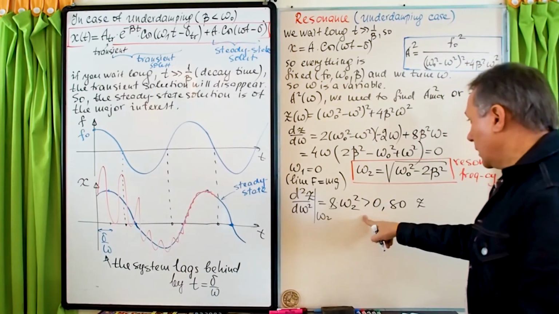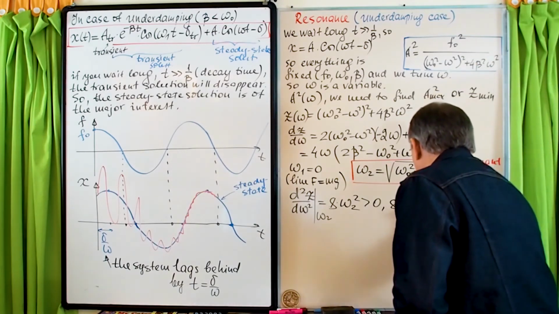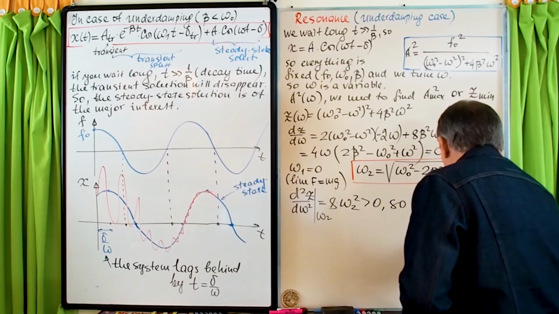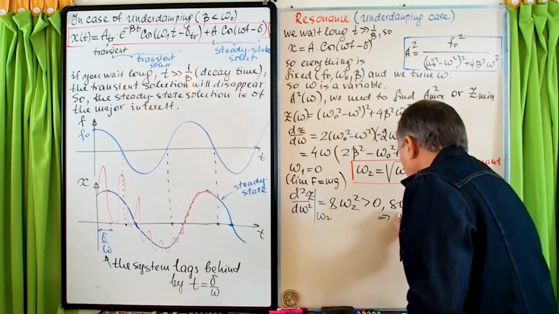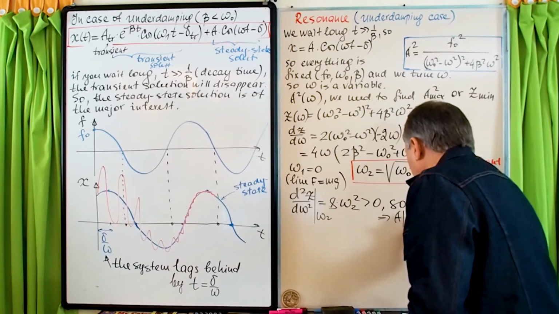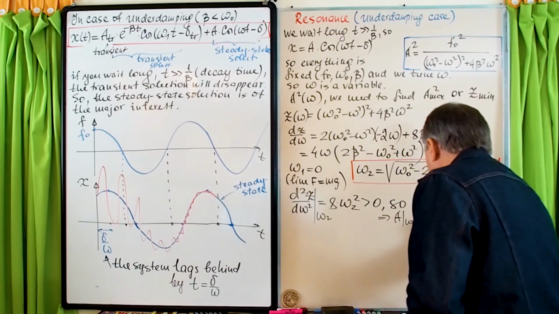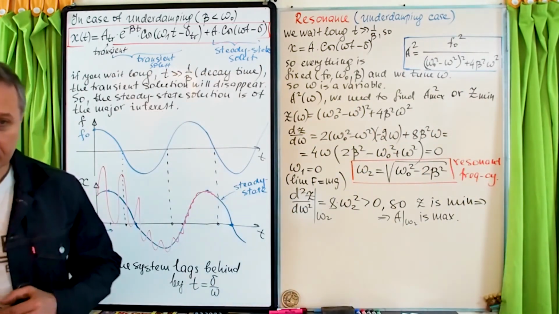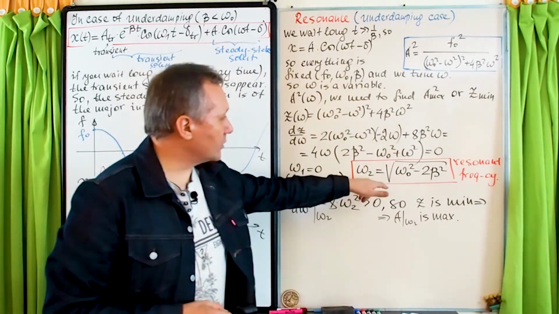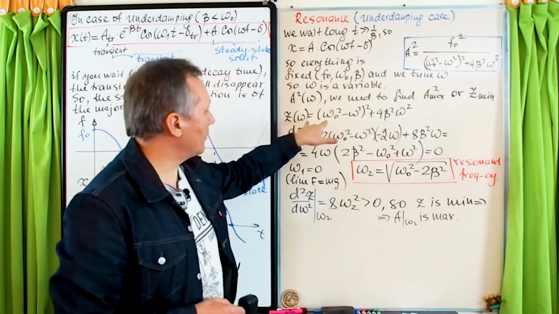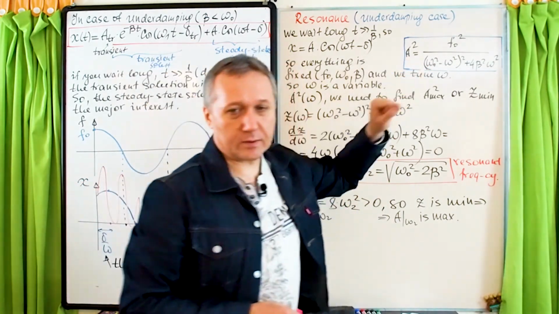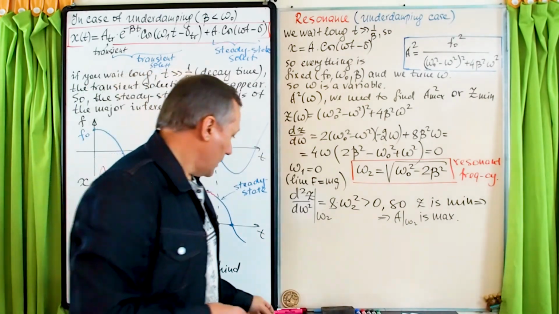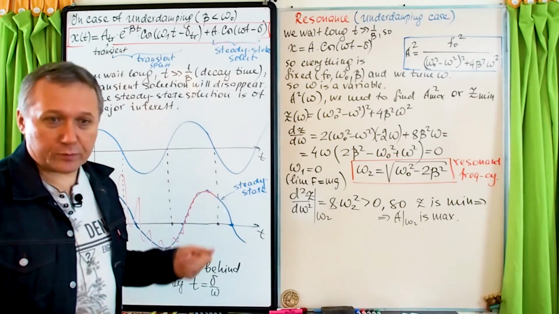So positive, so z is minimum, and as a result, A at omega 2 is maximum, right? So this point is going to give us the minimum of this function, and as a result, the maximum of that function. So yeah, this is the point which we needed.